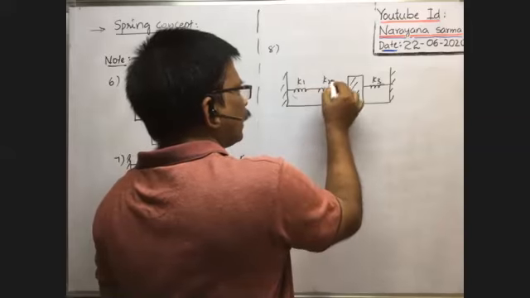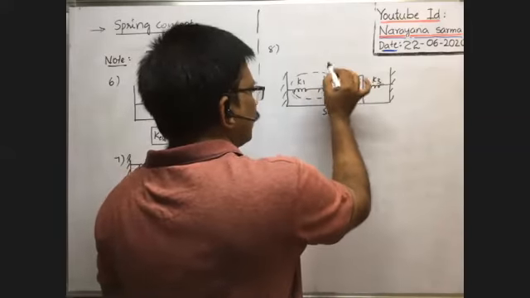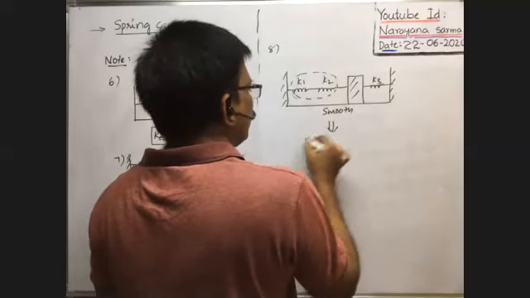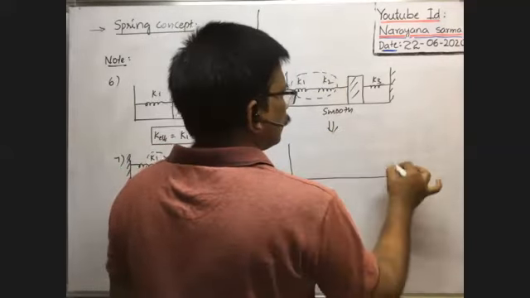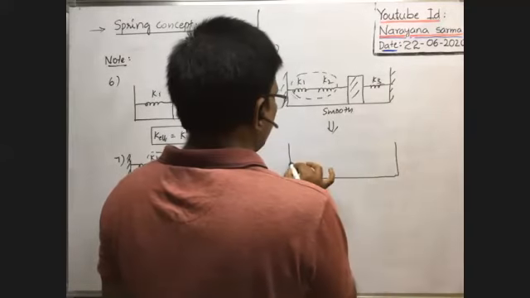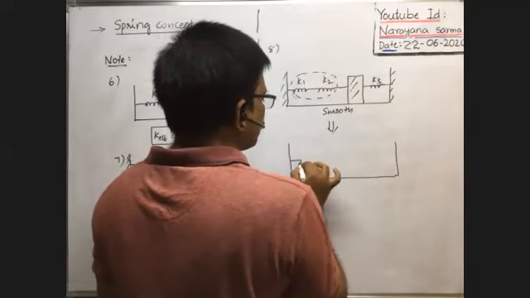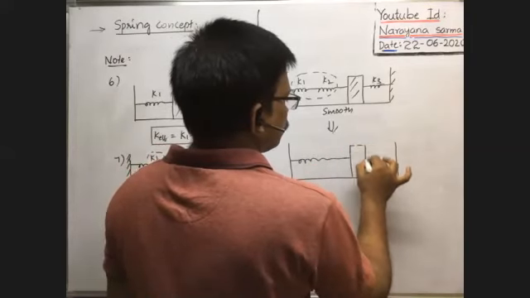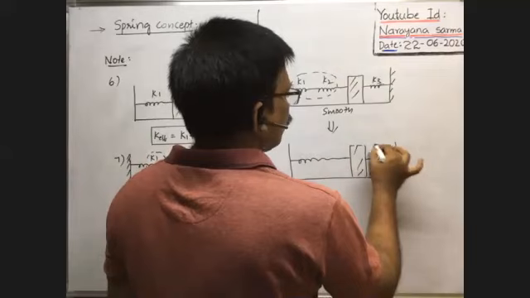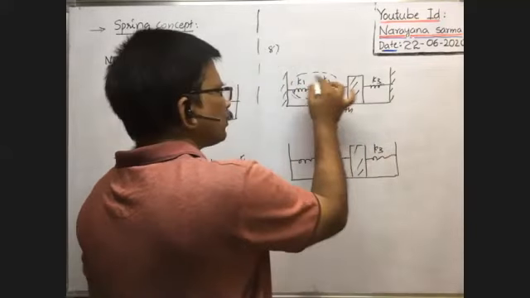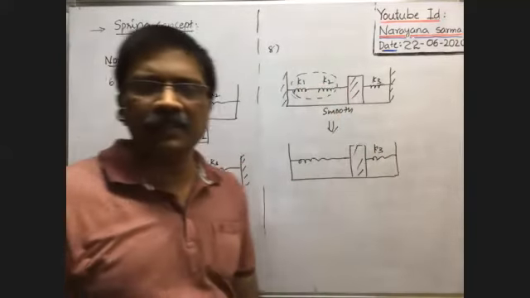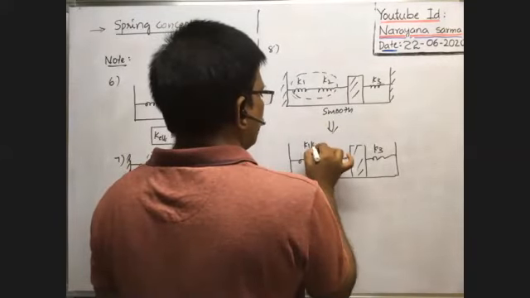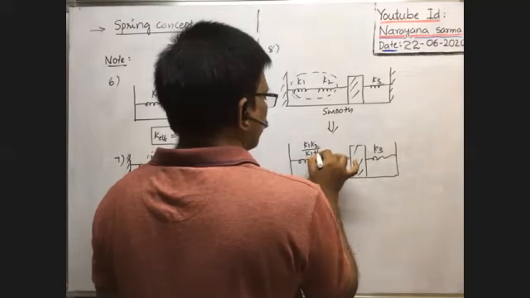That's why these two are in series. You replace this series combination by a single spring with their effective spring constant. What is the effective spring constant of these two when they are in series? Already I said, K1 K2 by K1 plus K2, no?